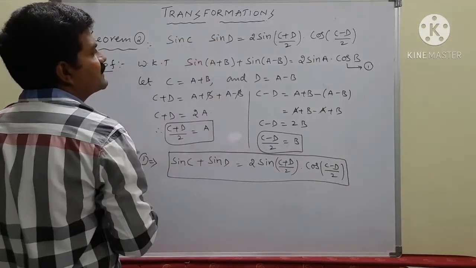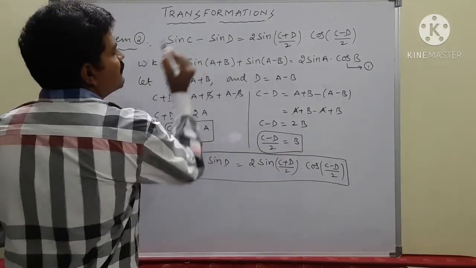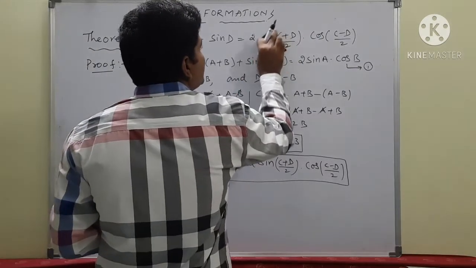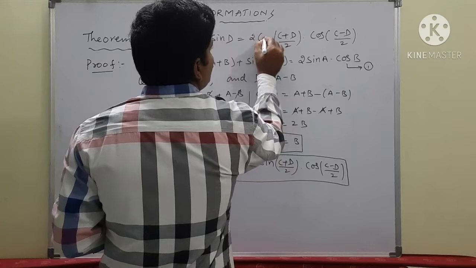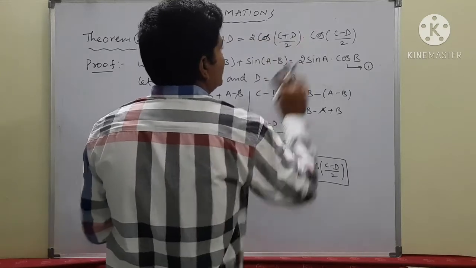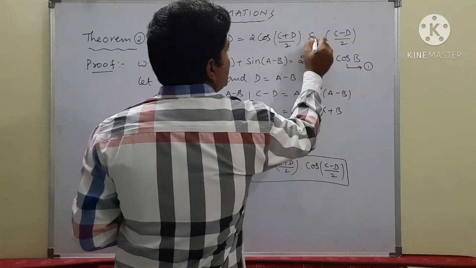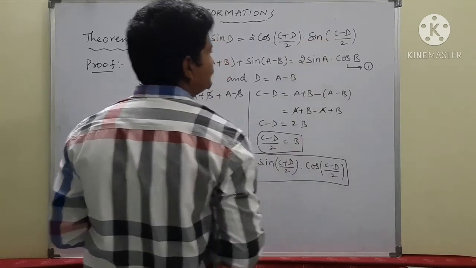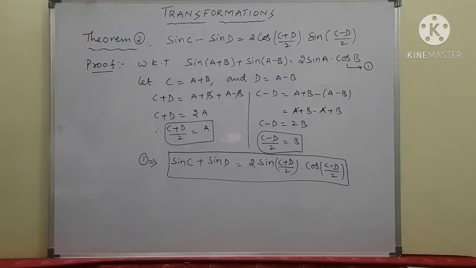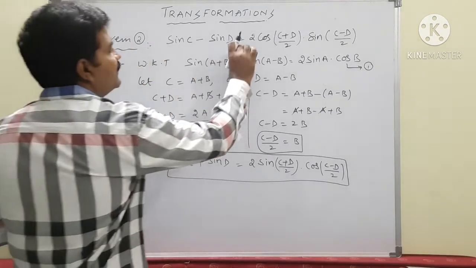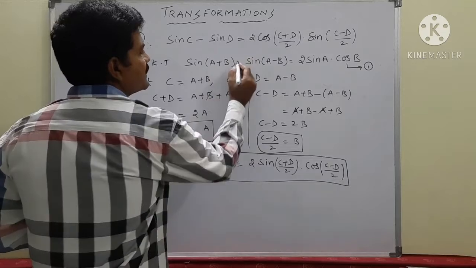So look at the next result. Just you need to replace plus with minus. Then sin c minus sin d is equal to 2 cos c plus d by 2 into sin c minus d by 2.